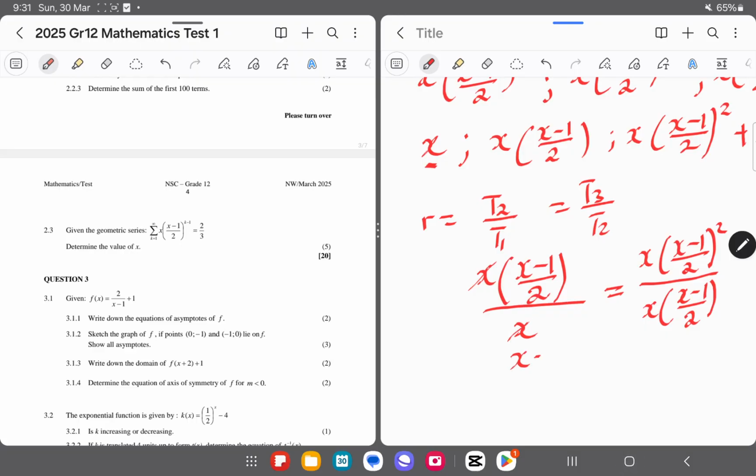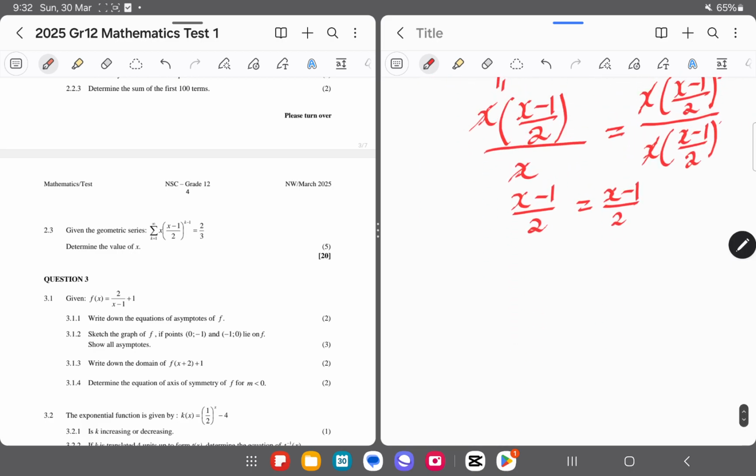You are going to be left with x minus 1 divided by 2. On the other side, x cancels x, and because you are working with the same base, you subtract the exponents. So it's going to be 2 minus 1. So on that side, you are going to have x minus 1 all divided by 2. So your value for r is given as x minus 1 divided by 2.